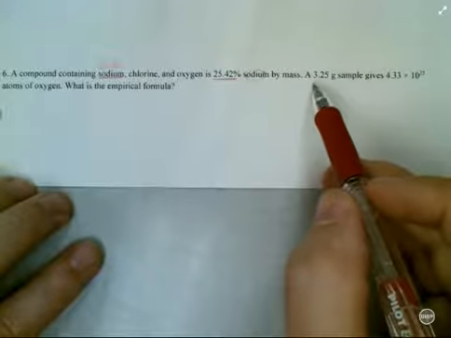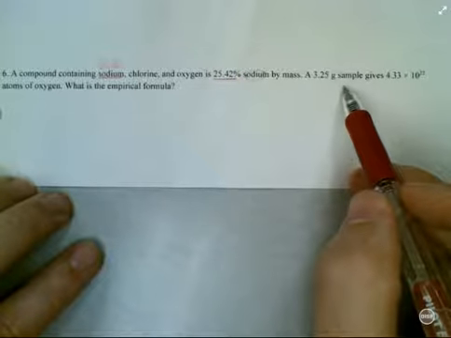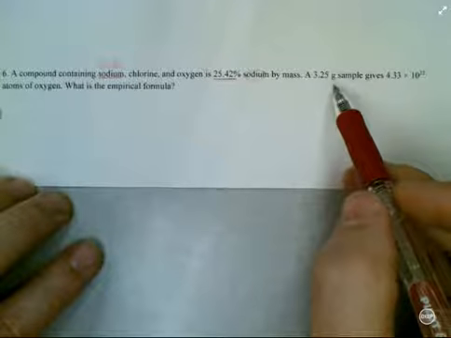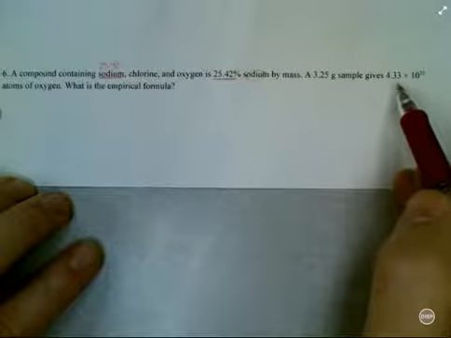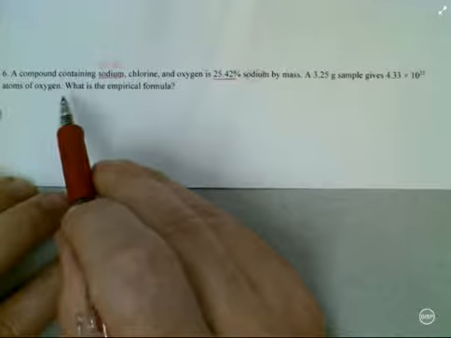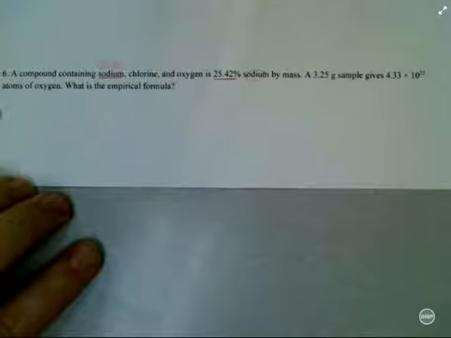The rest of the problem goes on to say there's a 3.25 gram sample. And in that 3.25 gram sample, there are 4.33 times 10 to the 22nd atoms of oxygen. That's the information we need. So what we're going to do here is a little bit of a process.